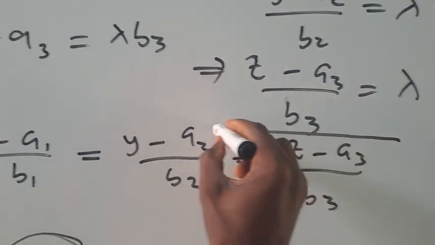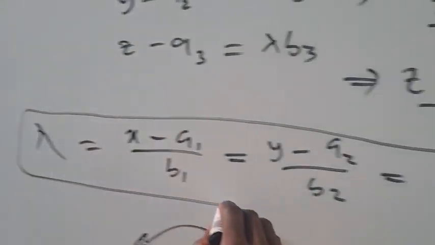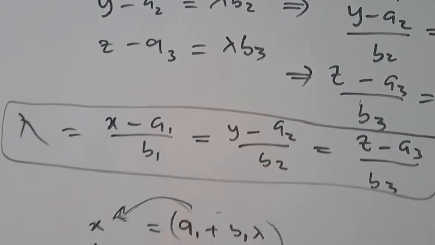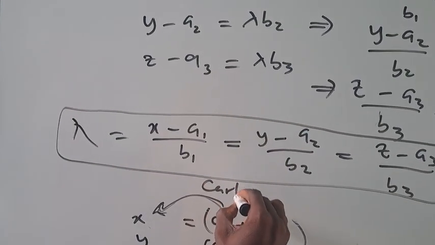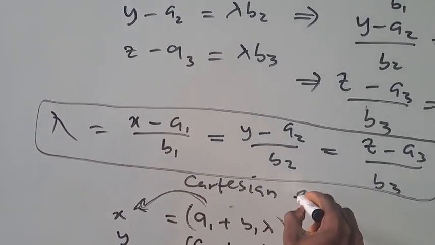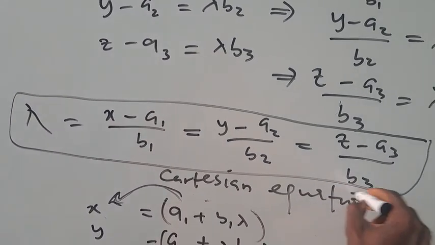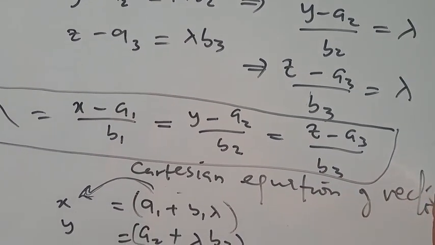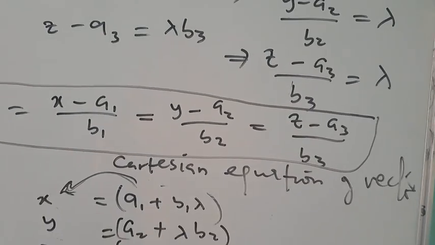So this is now the Cartesian equation of the vector equation. Thank you so much.